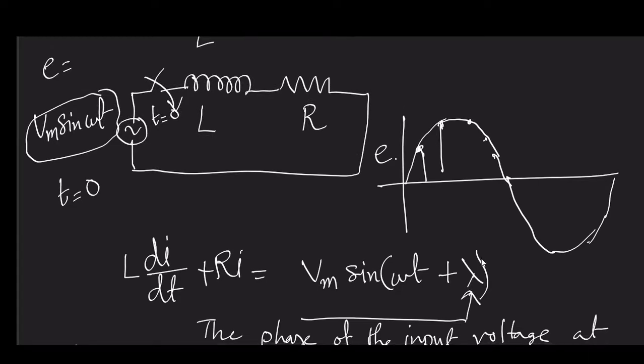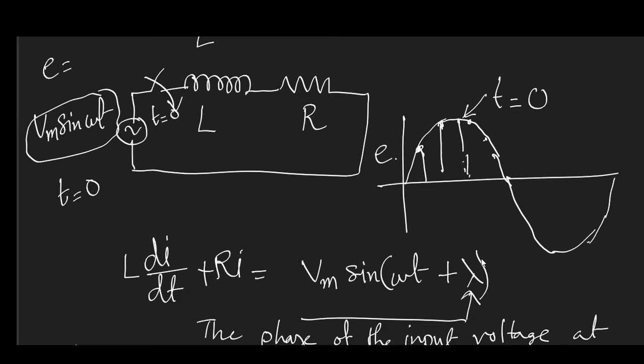So what I am trying to tell you is that when your switching takes place, suppose it takes place here, at that point you have T is equal to 0.